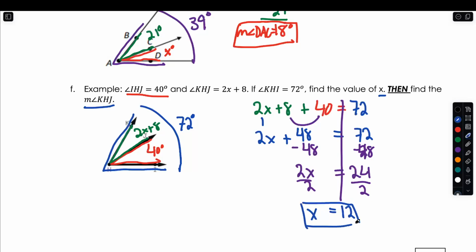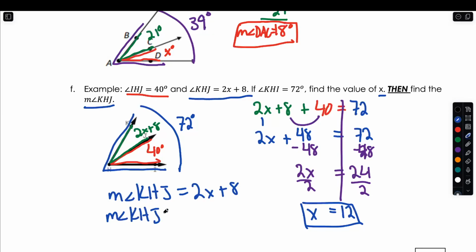There's our first answer. Now we want to find the measure of angle KHJ. Well, if we look back, KHJ is represented by 2x plus 8. Well, we just solved for x, which means now we can substitute. So the measure of angle KHJ is equal to 2 times 12 plus 8.